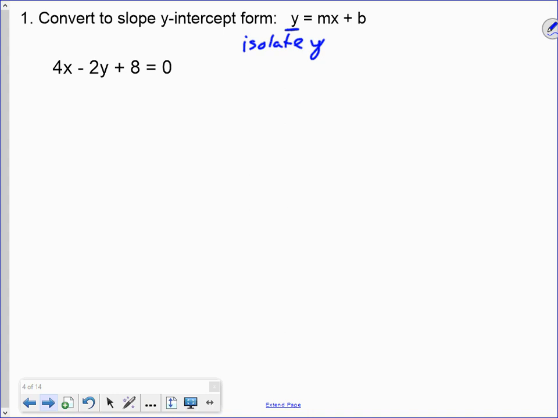How do we isolate y? Well, we do it the same way we isolated x when we were solving an equation. We used opposite operations to move things from one side of the equation to the other to get x all by itself. Well, in this case, we're going to try to get y all by itself using opposite operations.